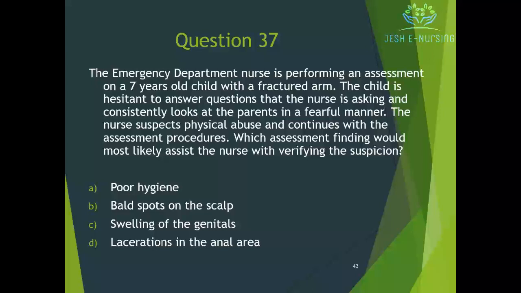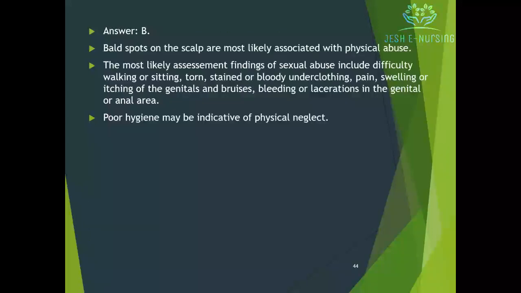So when you are doing the physical examination, any kind of abnormality that has been noted physically, you need to identify. Bald spots on the scalp indicate the baby is physically abused. Bald spots on the scalp are most likely associated with physical abuse.